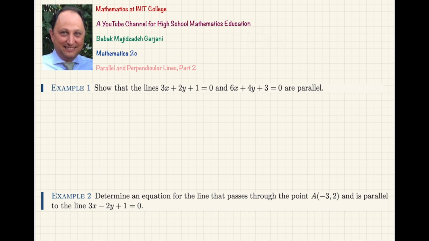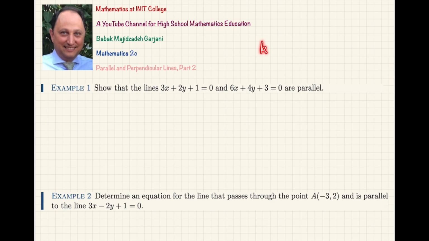But for being perpendicular, there are two possibilities. Either one of them is horizontal and the other one is vertical. We don't need to do anything. We just immediately realize if one line is horizontal and the other one is vertical, they are perpendicular. But if this is not this special case, how can I understand the situation? If you remember the theorem, we just calculate the k values.